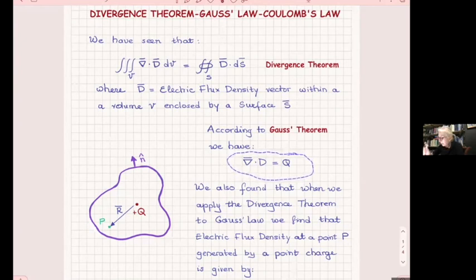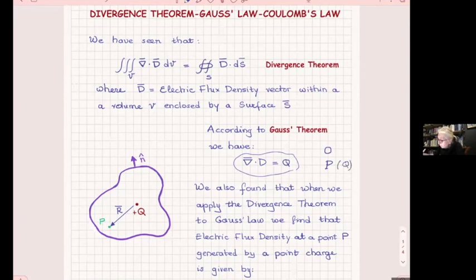So if this relation applies at a point P, and at that point in space P it happens that you have a charge Q, a point charge Q, then this relation applies.